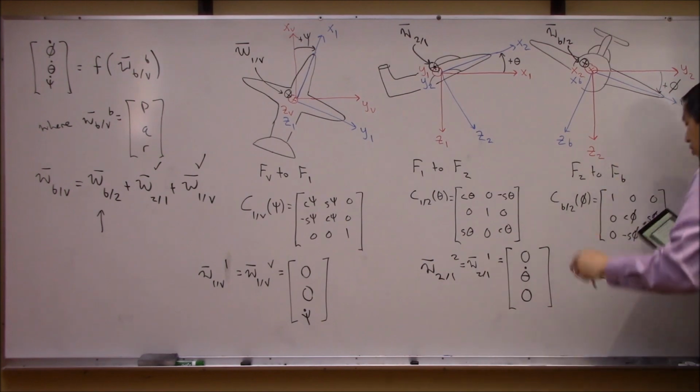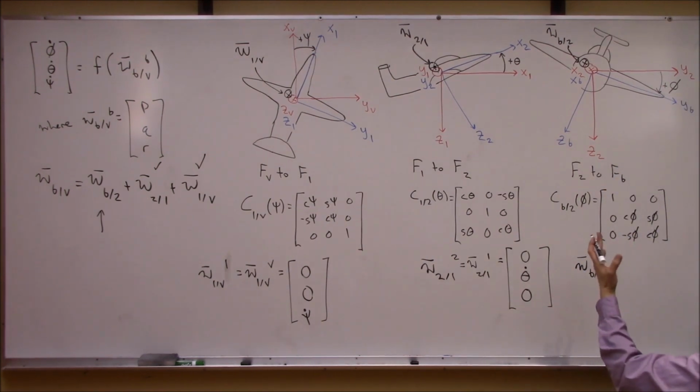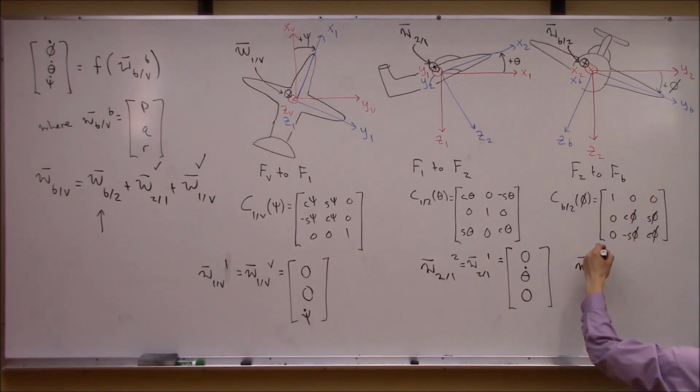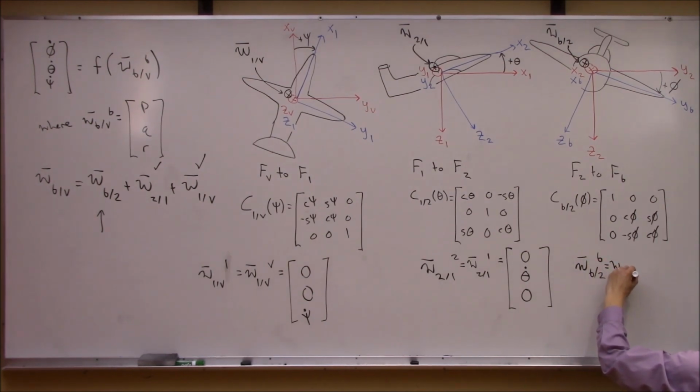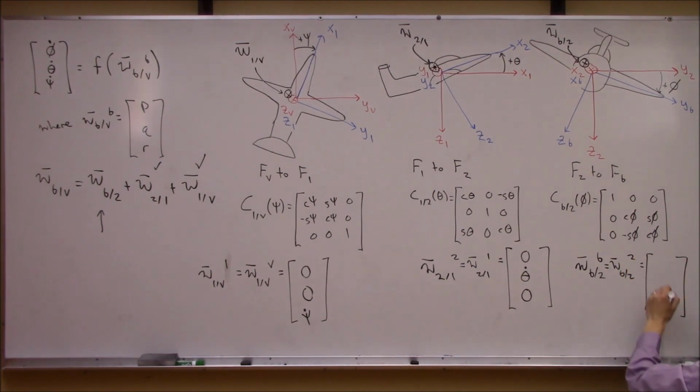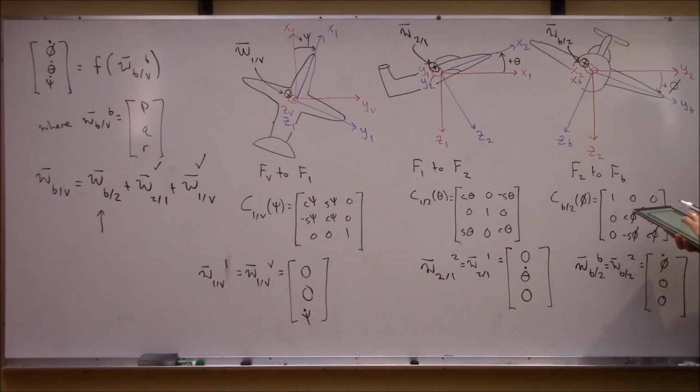The easy way to express that vector is in either the body frame or the two frame. It doesn't matter. It has a phi dot component in the x-axis, and then 0 and 0. So great, we're basically done.